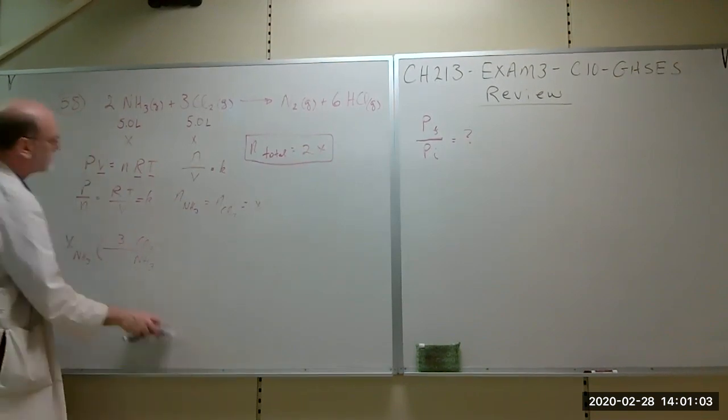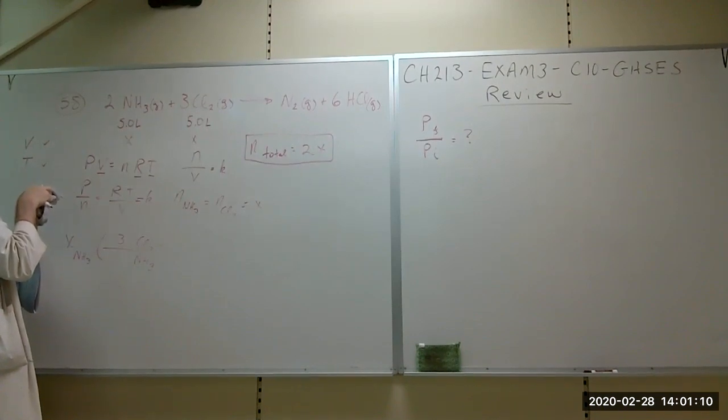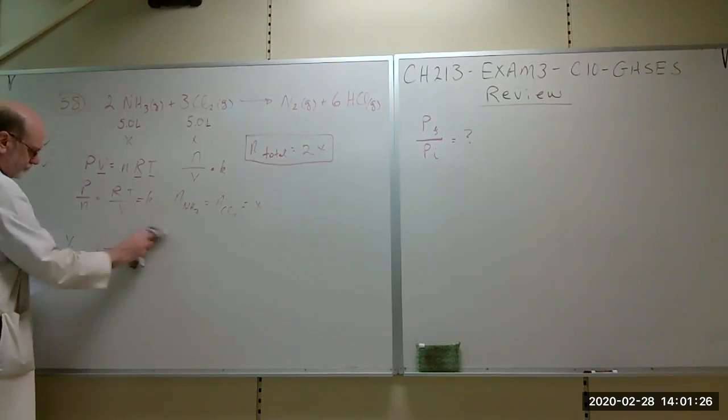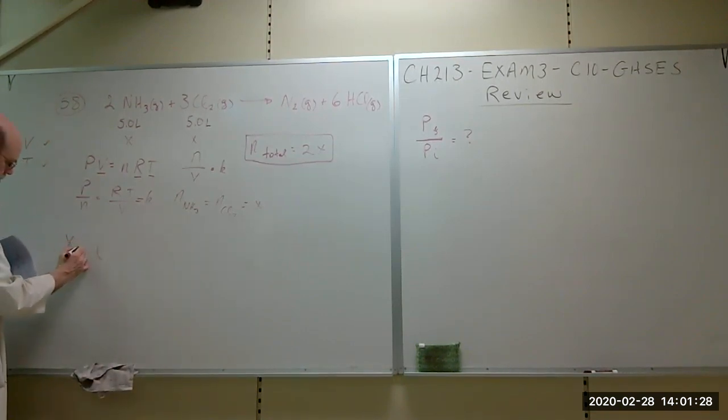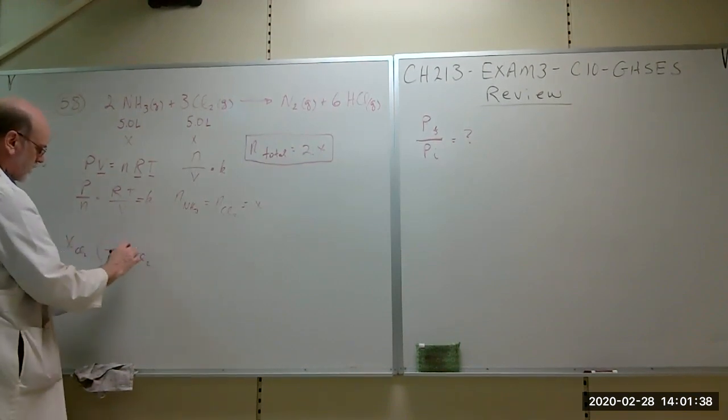Wait, that's not right. We're going to use up all these. No, it's the other way around. We've got that much. How much is going to be required to be used for the ammonia?